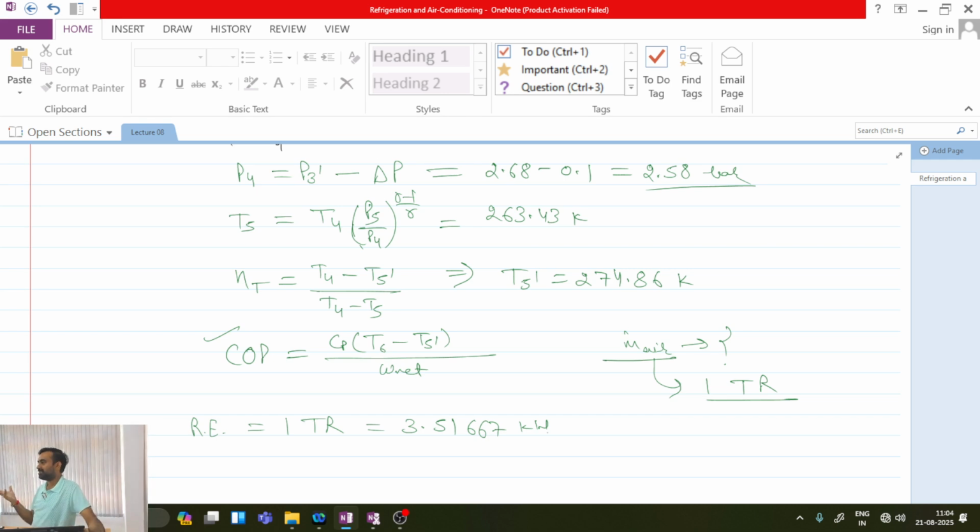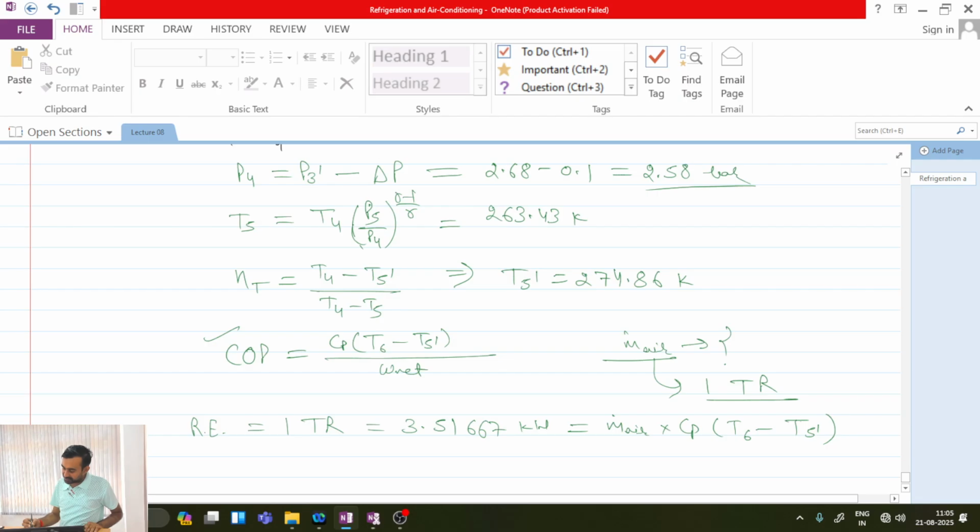This is basically the refrigeration effect. This is the inlet and outlet condition of air after taking the heat from the refrigerated space, which is the cabin in our case. Is this clear? So I can directly write this refrigeration effect equal to mass flow rate of air into Cp of the air into (T6 minus T5 dash). Anyone having any objection about this? All are fine with this?